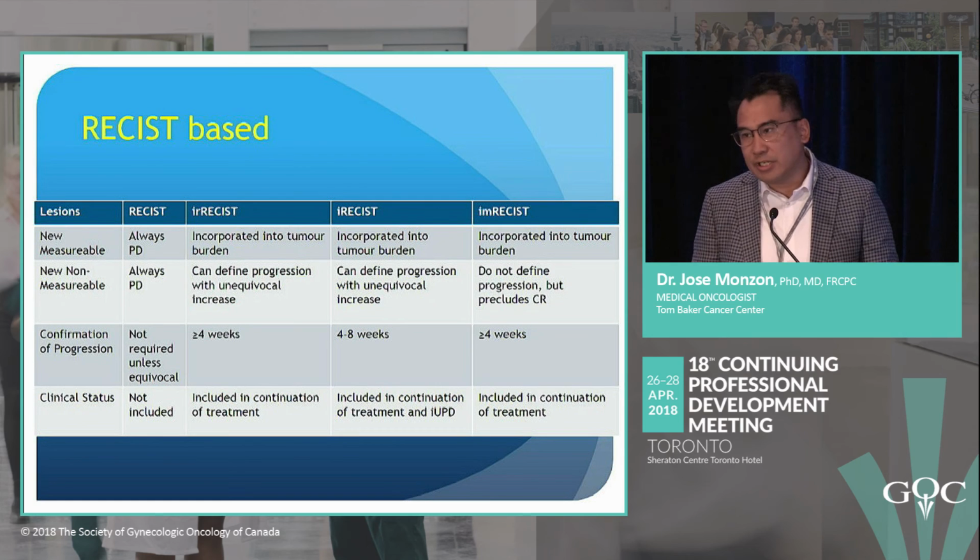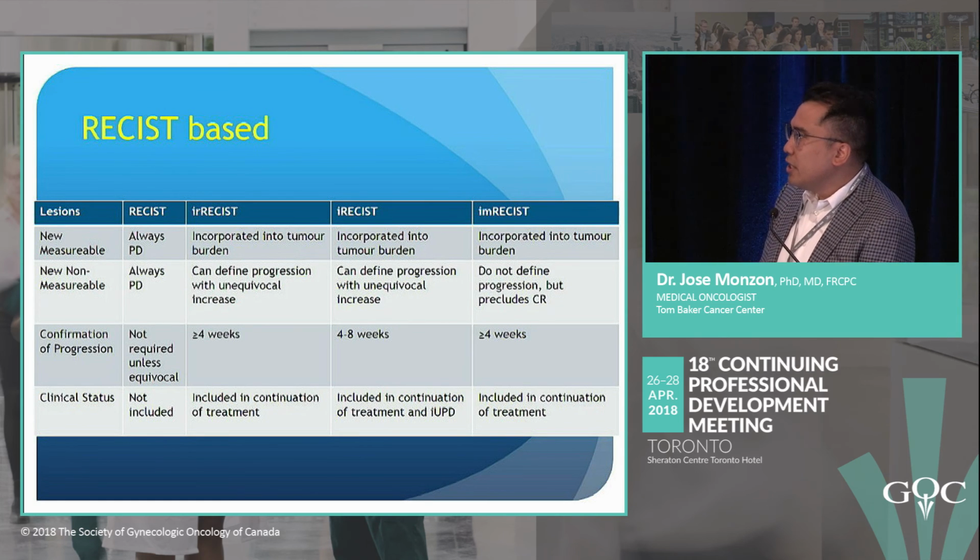So moving on to RECIST, similarly, if you have new or non-measurable disease, classical RECIST always represented progression. But in any of the immune-related RECIST criteria, irRECIST, iRECIST, or imRECIST, it is also incorporated into the tumor burden as a whole.